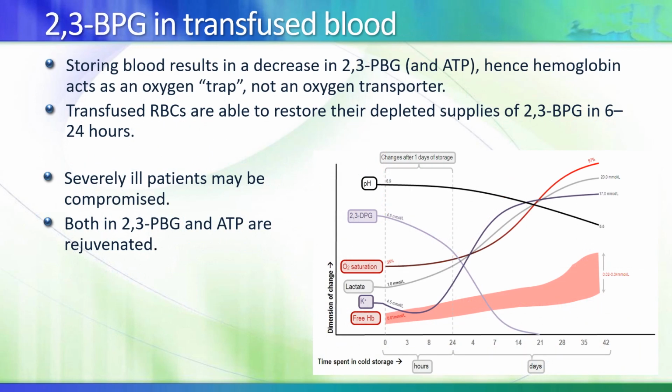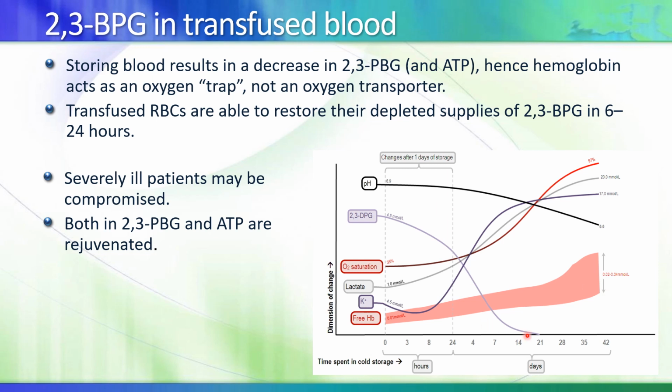An important point about 2,3-bisphosphoglycerate is that its level goes down when blood is stored. So if a person donates blood and this blood is stored even at 4 degrees, the level of 2,3-bisphosphoglycerate goes down within hours.